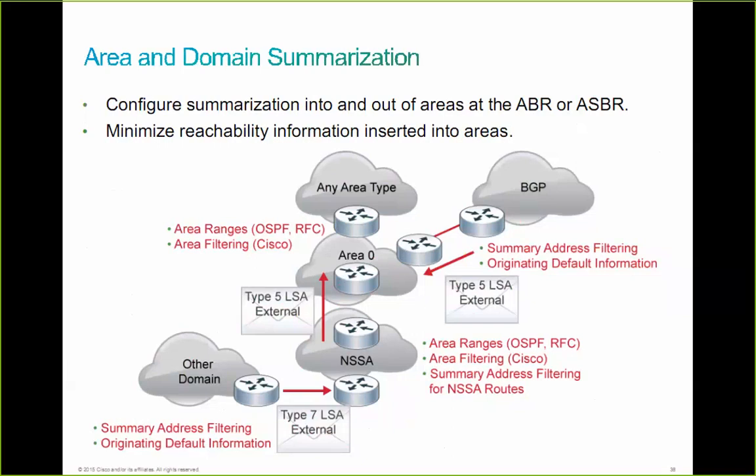Now, oftentimes we don't have that capability, right? We're limited in that, I should say, because OSPF networks tend to kind of grow on their own, I guess, for lack of a better term, right?